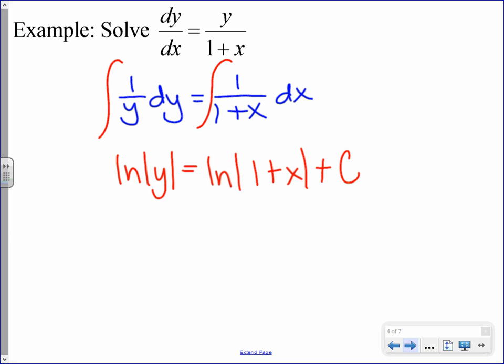So you can think about it a couple different ways. But essentially, in order to cancel out that natural log here, I'm going to exponentiate both sides. So e to the natural log cancels out, and I have y equals e to the natural log of 1 plus x plus c.